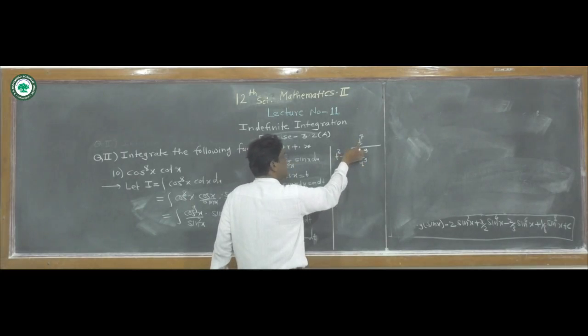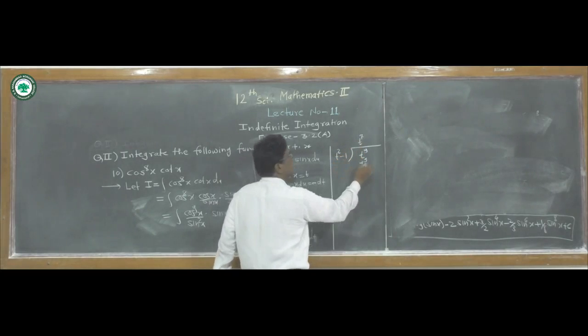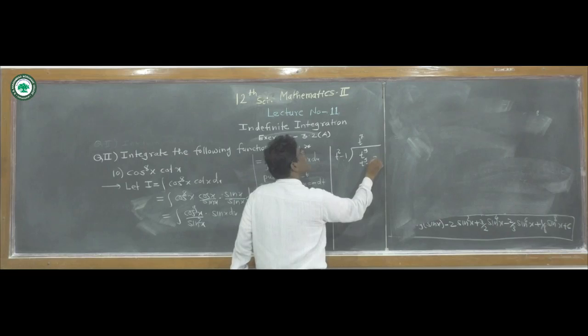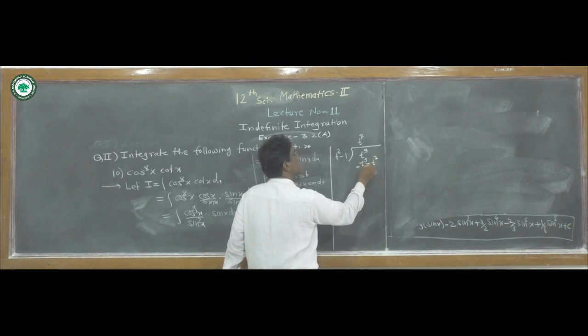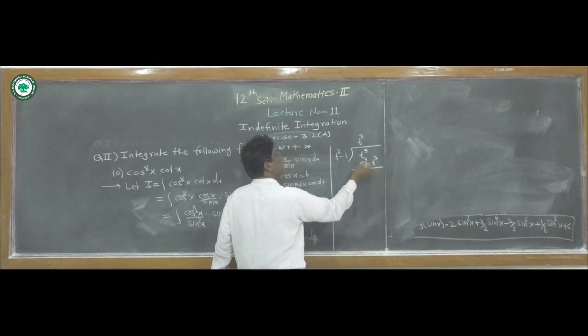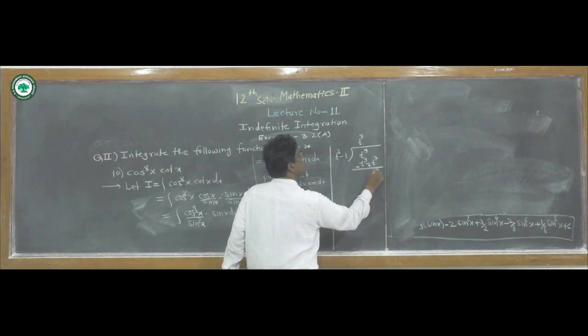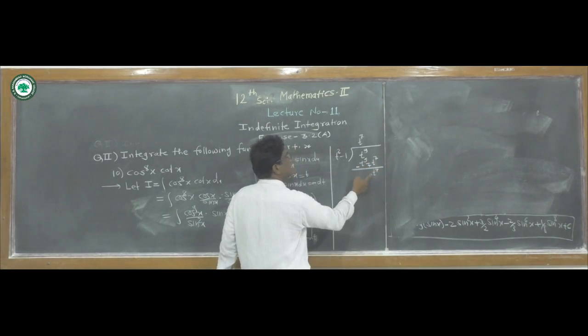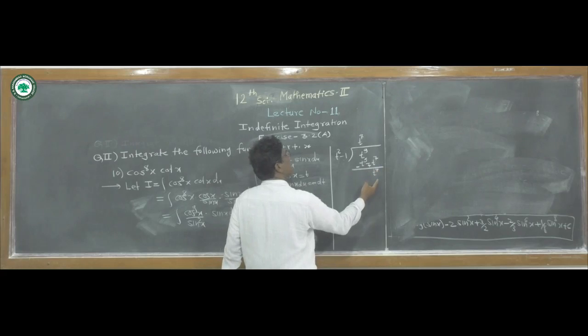And now here t to the power 7 into minus 1, that is minus t to the power 7. Here this becomes minus and this a plus, and therefore we get here t to the power 7. Now again we have to cancel this t to the power 7, or we have to divide this t to the power 7.